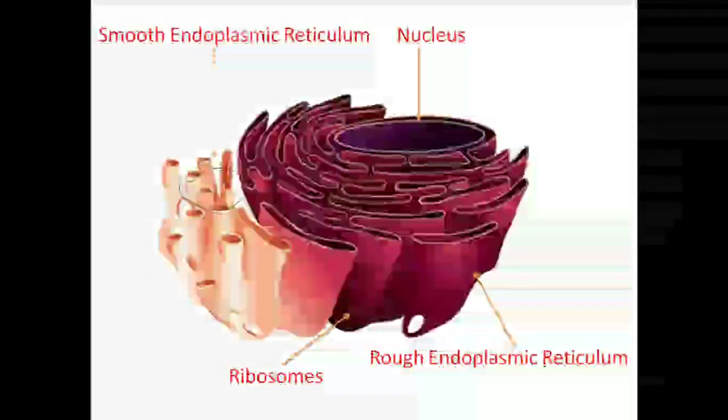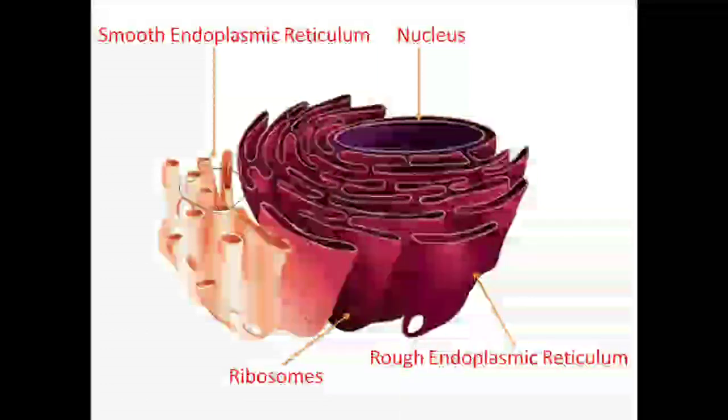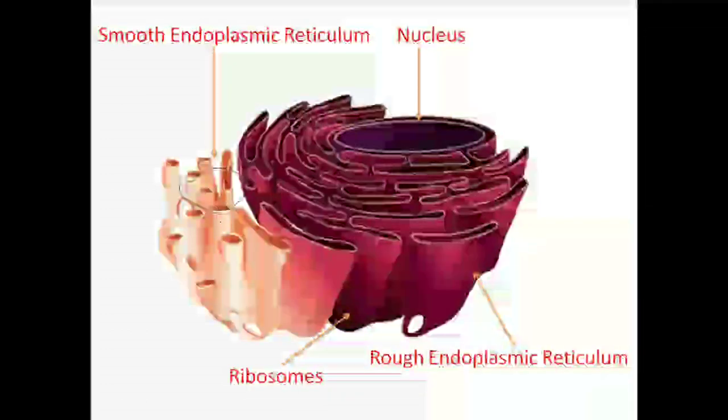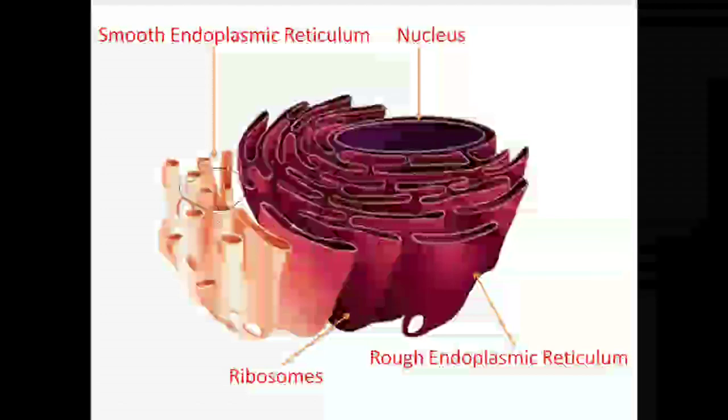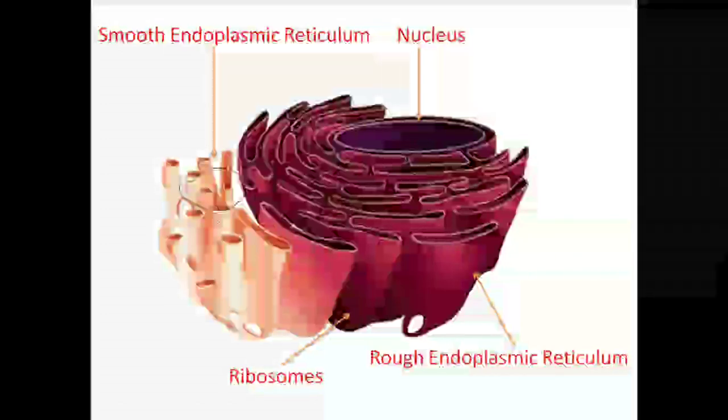But in this endoplasmic reticulum, as we can see, there are no ribosomes attached on its surface. It appears smooth because there are no ribosomes attached to its surface. So this endoplasmic reticulum is known as smooth endoplasmic reticulum.